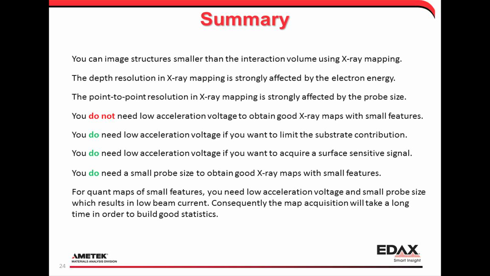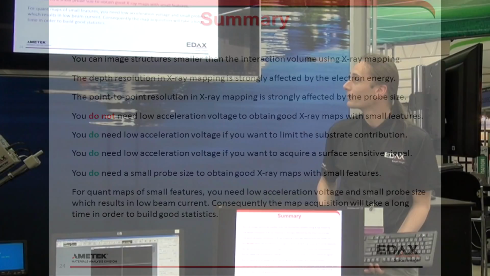If you're looking at thin films on top of a substrate, you typically do want to reduce your acceleration voltage so you get signal only from your thin film, not from the substrate. And you do need a small probe size. Not necessarily small acceleration voltage, but small probe size to get good spatial resolution in the X-ray maps.